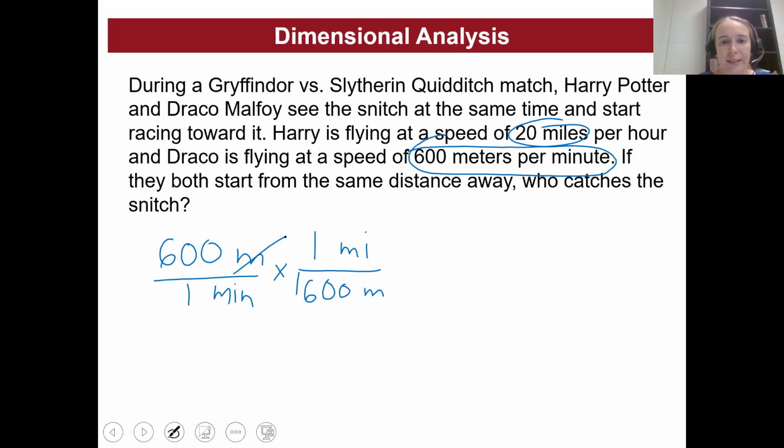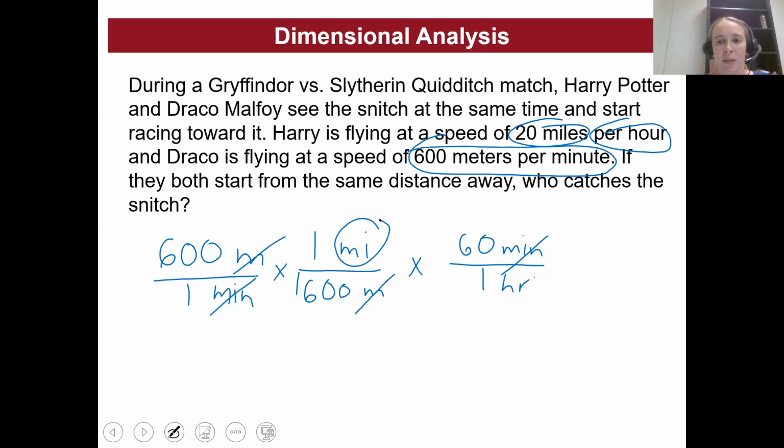So meters cancel out. And there are 60 minutes in 1 hour. And that gets us to our per hour. So minutes cancel out. We're going to end up with miles over hours, which is what we want. So we multiply across the top, 600 times 60, and divide by the bottom.